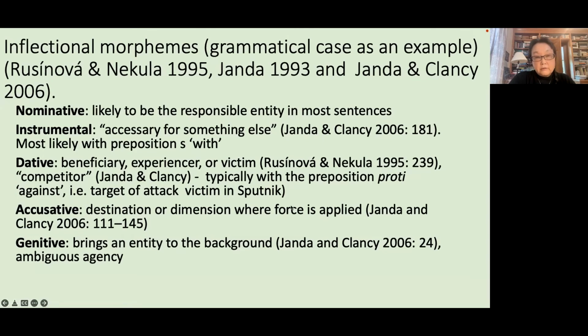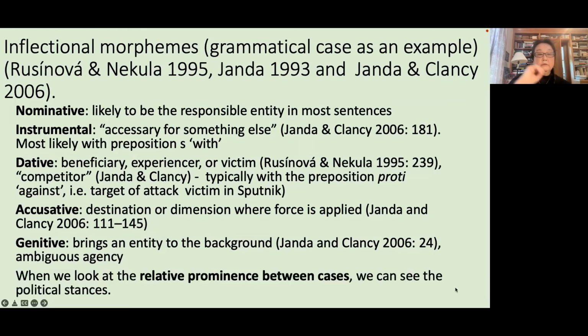We don't know whether the entity is the subject of an action, or a direct object of an action. It can be just a modifier, a specification of a preceding noun. We don't know. So it's a very ambiguous entity; it denotes ambiguous agency.